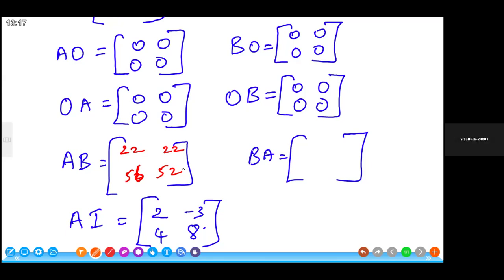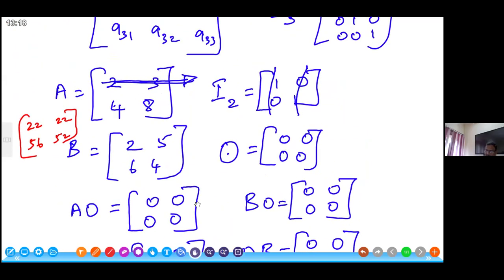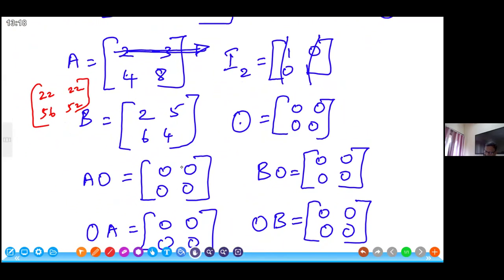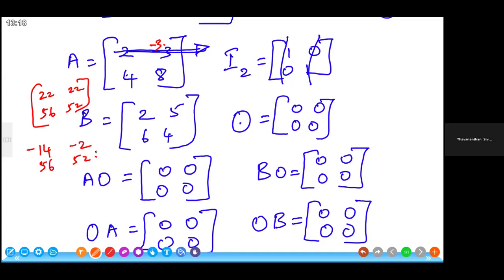Minus 14. Oh, there's a minus. Yes, yes. I forgot. This is -3, right? Yes. All right. Good. So what is the answer? -14, minus 2, 56, 52. Okay. I was forgetting this as minus because it didn't appear to me as minus. Right. So this is AB.